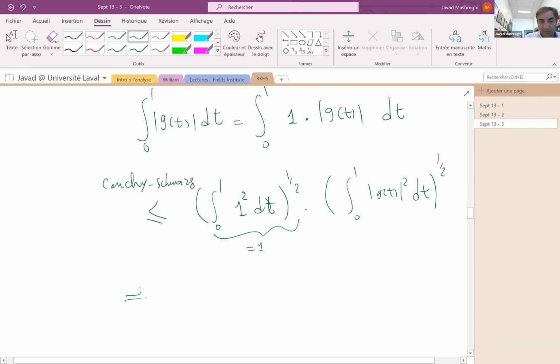So briefly speaking, I showed that the norm of g in L1(0, 1) is less than or equal to the norm of g in L2(0, 1).